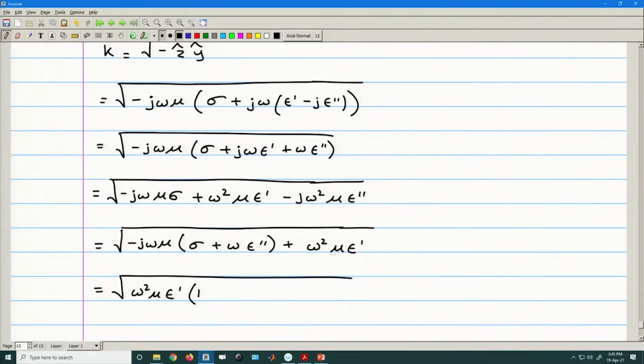So, omega square mu epsilon prime we have taken and then it is 1, then minus j omega mu into sigma plus omega epsilon double prime divided by omega square mu epsilon prime.